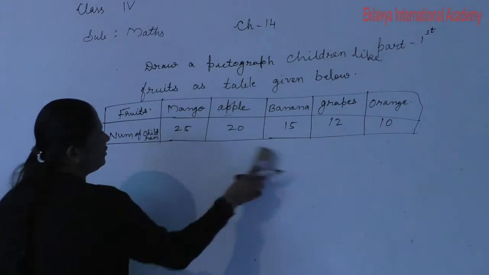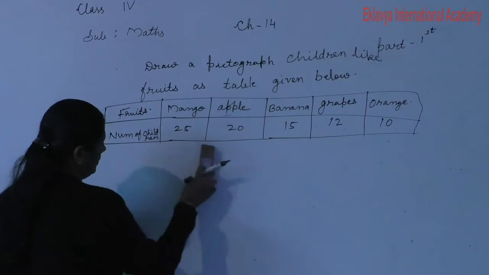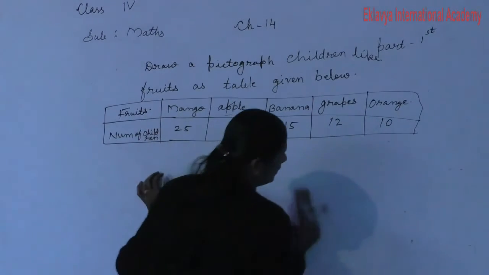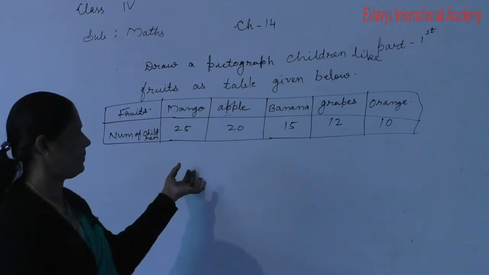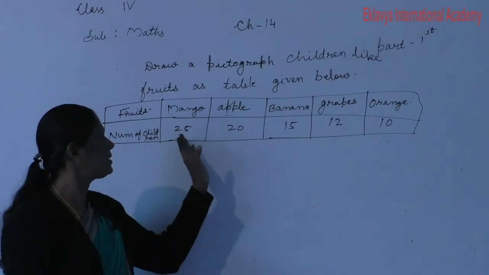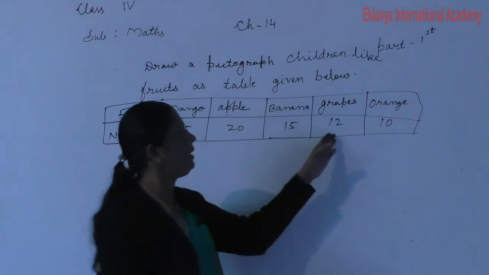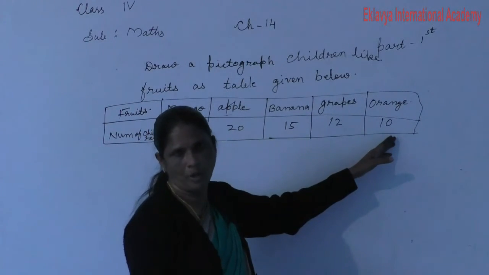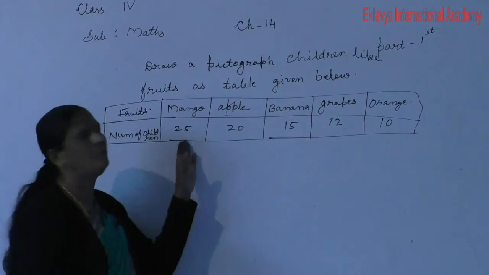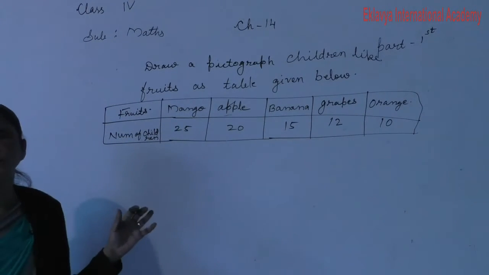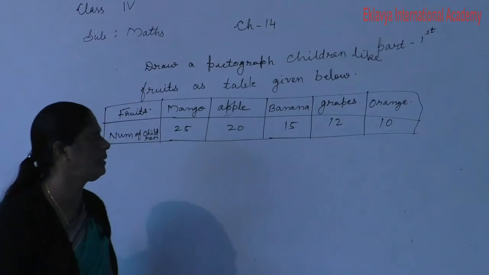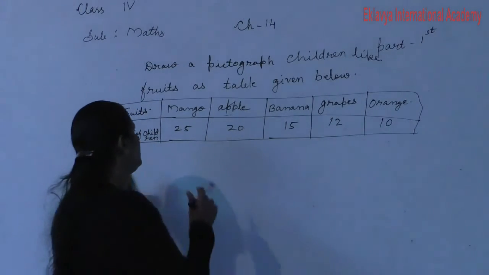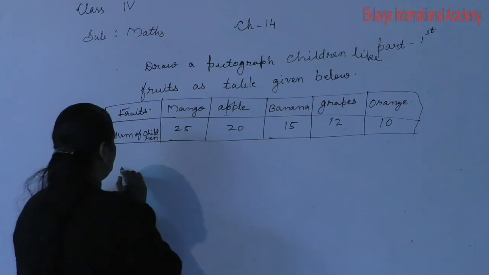Then first you look here. Which table do we take? These three are going in the table of 2. These two are not going in the table of 2. Don't worry, you also take half of the symbol. First you write pictograph.